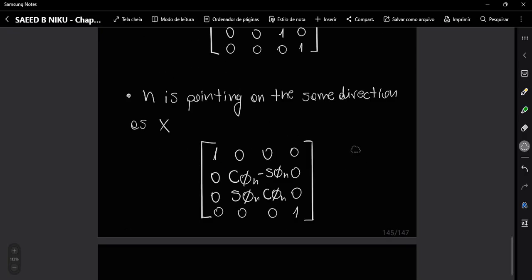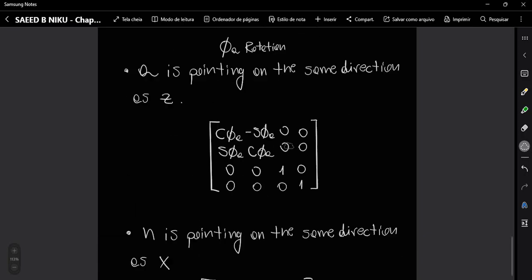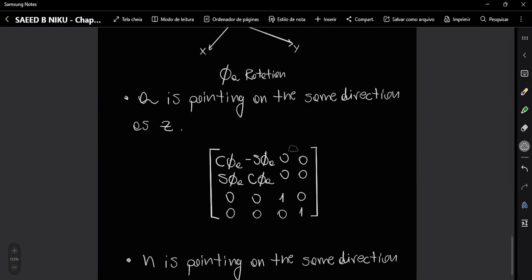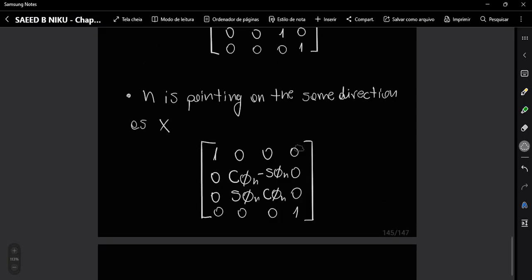And we have done the same for the n-axis. So the n-axis is pointing in the same direction as the x-axis. So we have used the characteristic rotation matrix of the rotation made around the x-axis. Each of the x, y, and z axes has a characteristic rotation matrix.